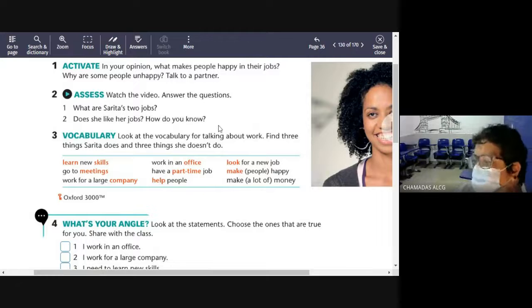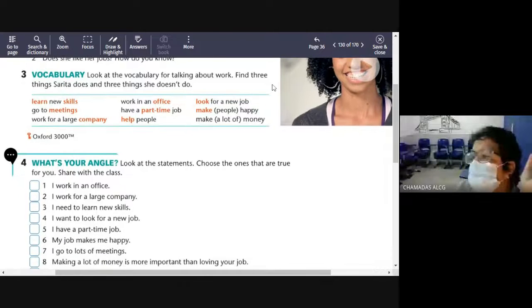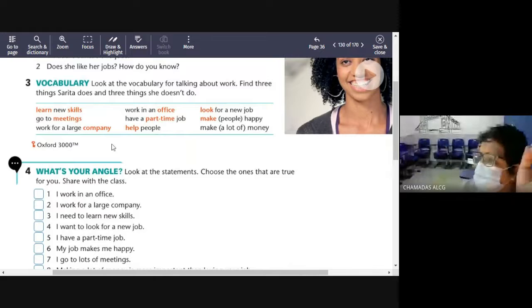It's okay. Yeah. So, look at the vocabulary for talking about work. Find 3 things Serena does and 3 things she doesn't do. Here in the box.